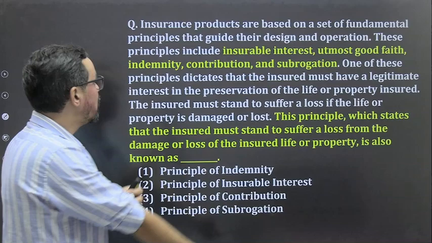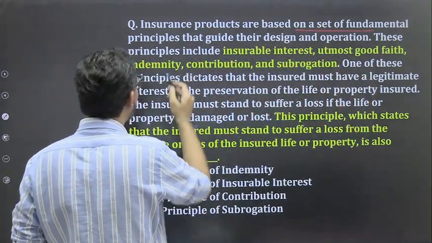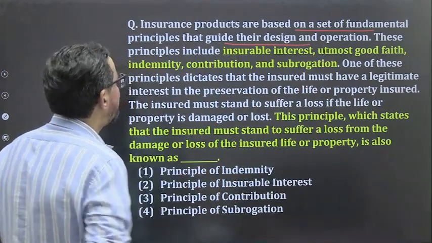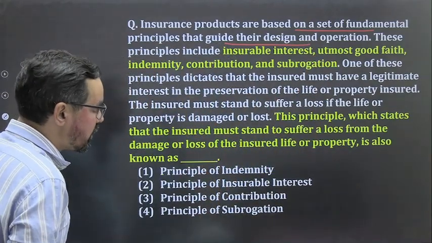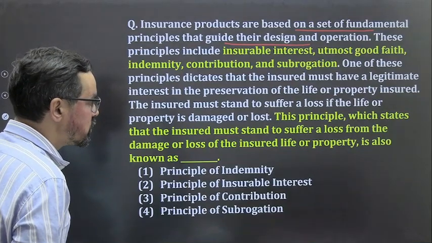Next one. Insurance products are based on a set of fundamental principles that guide their design and operations. These principles include insurable interest, utmost good faith, indemnity, contribution, and subrogation.